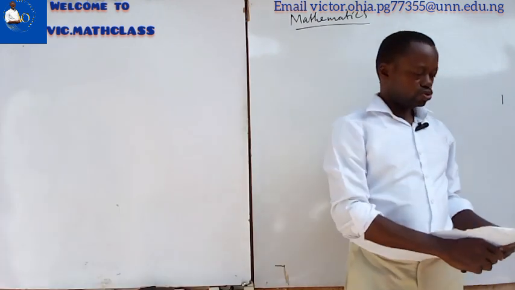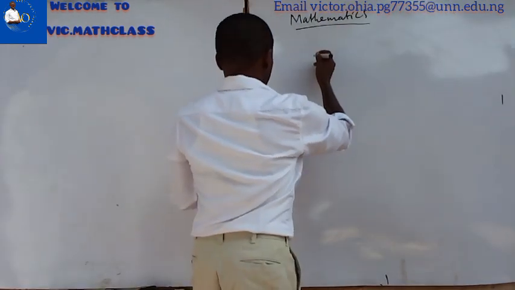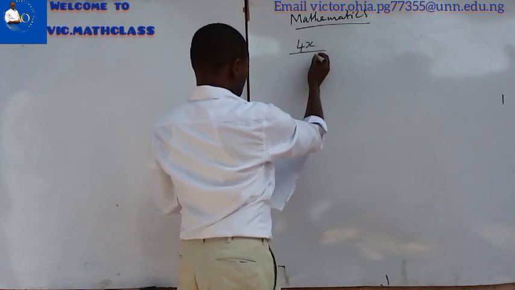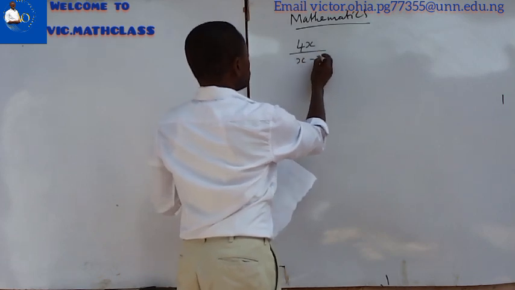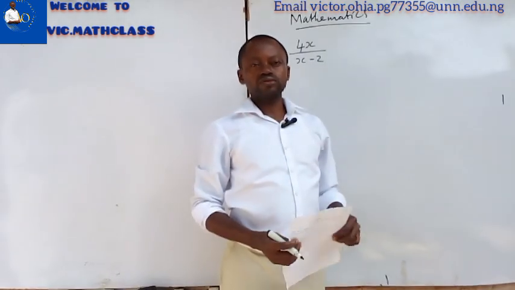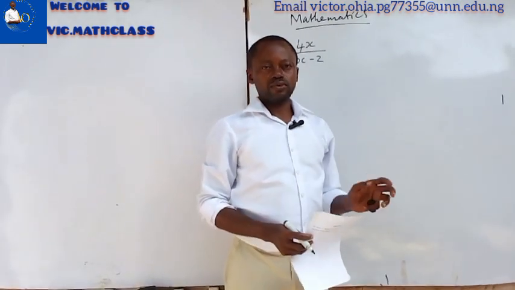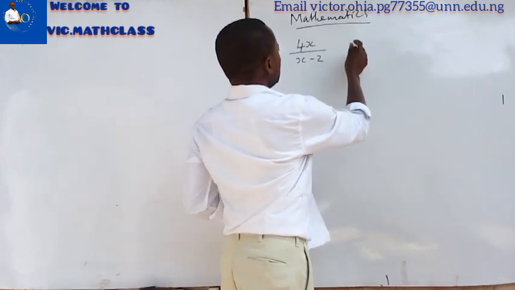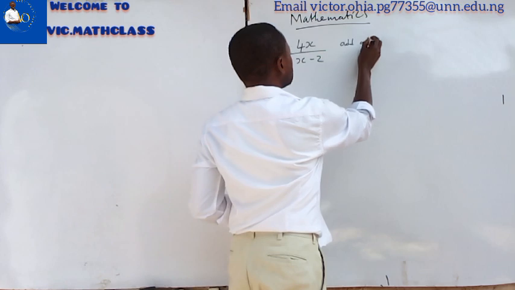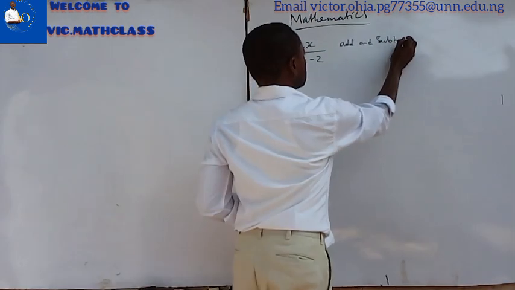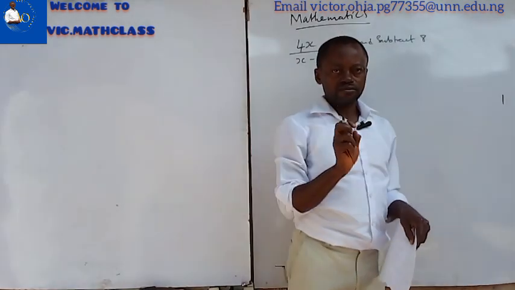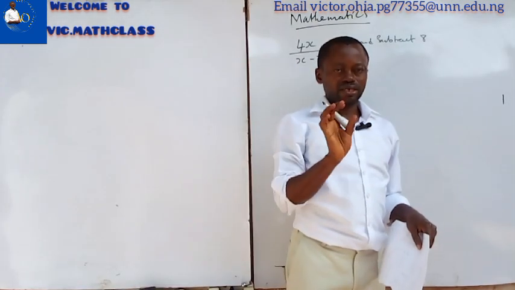So you see that the expression says 4x over x minus 2. Okay, so I try to reason a way to handle this problem. Of course, let me try something. Say add and subtract 8, because you realize that in the options you have 8 in B and C. That's my concern.